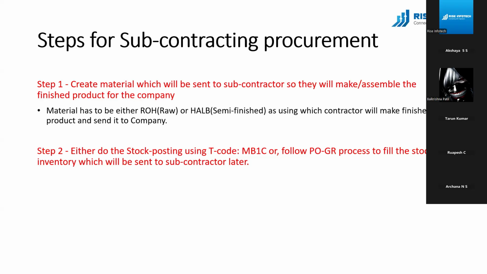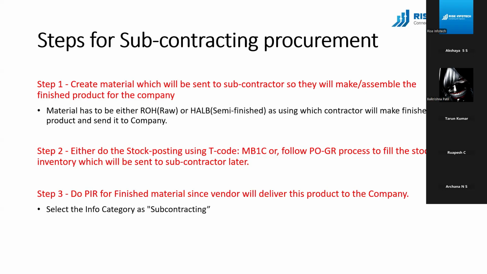We have to go ahead with PO and GR process to ensure the stocks are available, which can be sent to the subcontractor later. Do PIR for the finished material, since the vendor will be delivering this product to the company, and like the categories pipeline and consignment, here we have to assign subcontracting.